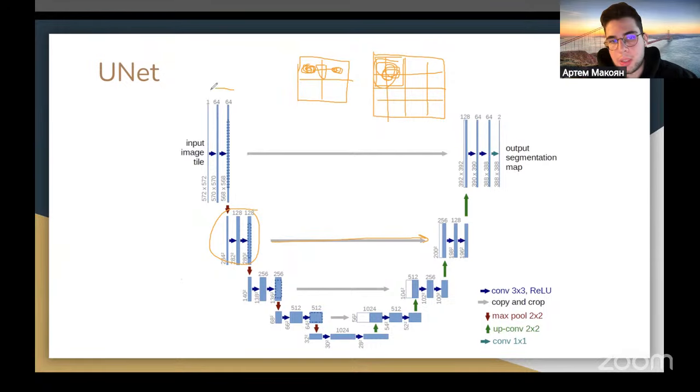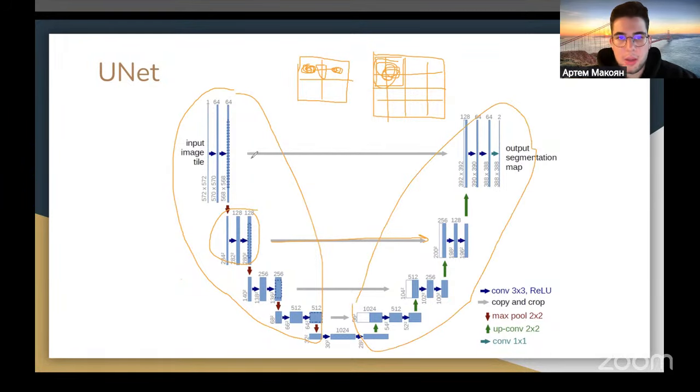What I mean is, we divide our model into encoder and decoder. The idea is that the encoder encodes the information about the image into a small tensor, and the decoder decodes this information into the original image, in fact, into the mask of the original image.